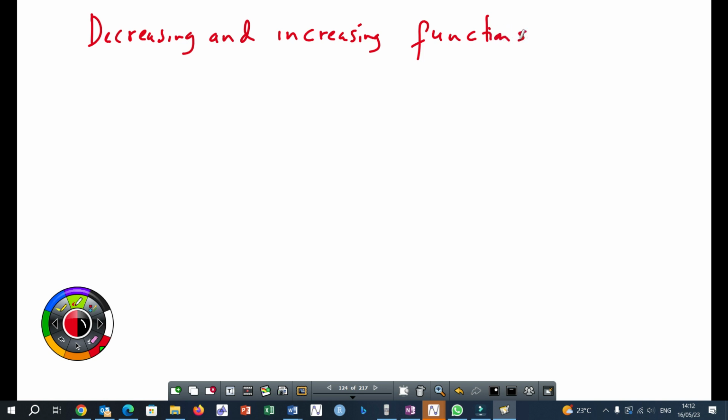What was the definition? All right. Can you tell me what was the definition? Decreasing functions have negative. But that's a calculus definition.